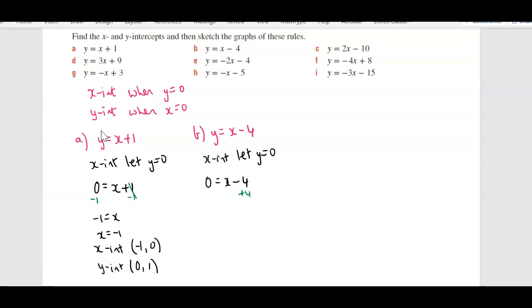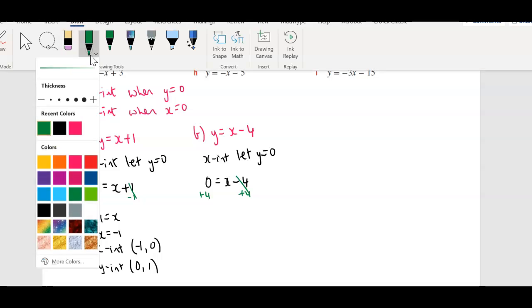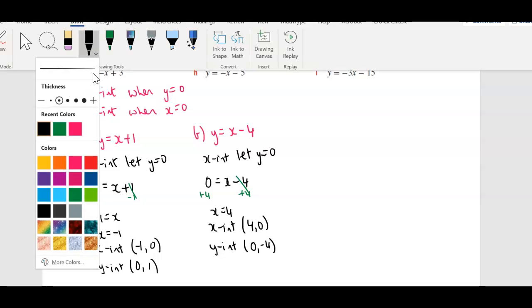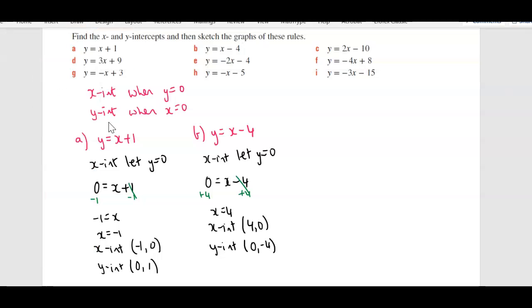We're going to add 4 to both sides, because the opposite of subtracting 4 is to add 4. So x is equal to 4. Your x-intercept is 4, 0. And your y-intercept, you can just read that straight from your rule, is -4. So it's going to be 0, -4.